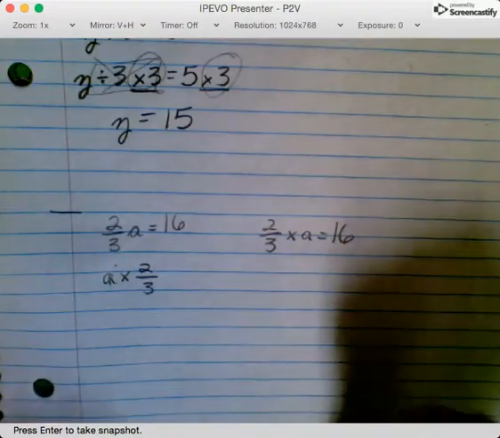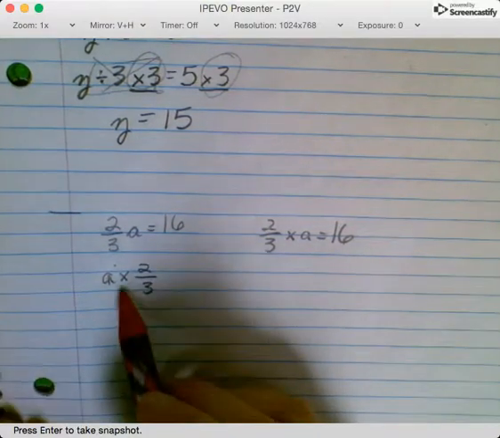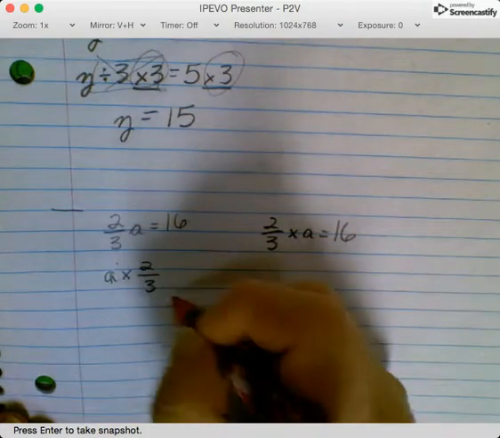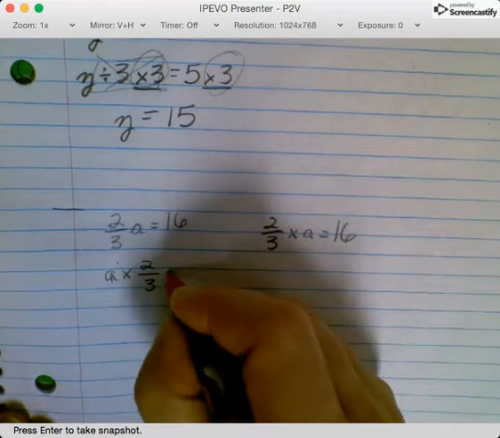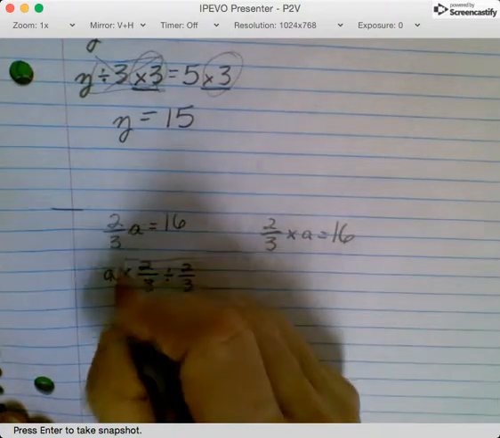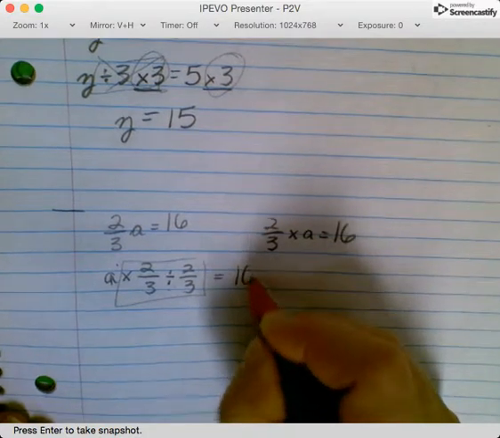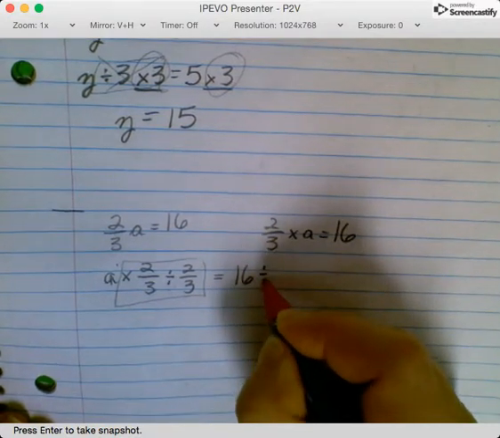So I'm rewriting that the other way around. Now I can figure out what operation I do to undo it. It's multiplied by 2/3 there. That means I have to divide by 2/3. Those cancel each other out, and that would be 16 divided by 2/3.